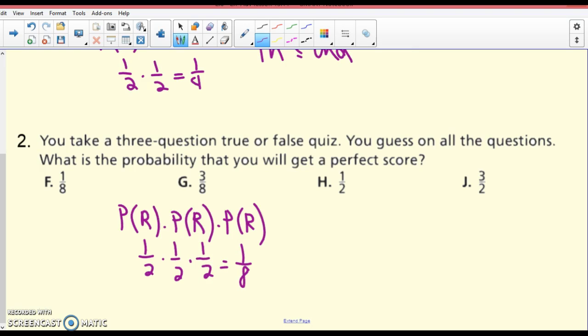So you got a 1 out of 8 chance that they are all right. Not so good. Is that theoretical or experimental? Theoretical. And is this dependent or independent? It's independent.